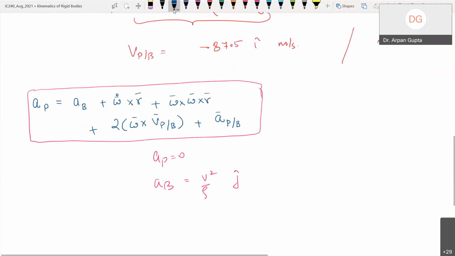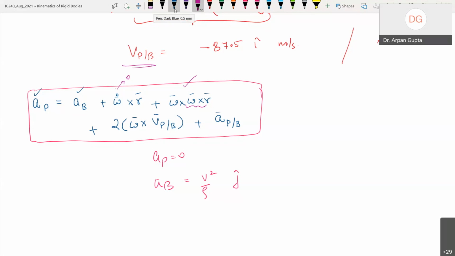So now in this equation, this term is known, this term is known. Omega dot, it is given that it is moving with constant omega, or the velocity of B was constant, so this is 0. This term can be calculated, omega cross r. So this term can be calculated, and omega cross omega is known. Vp with respect to B, we have just calculated.